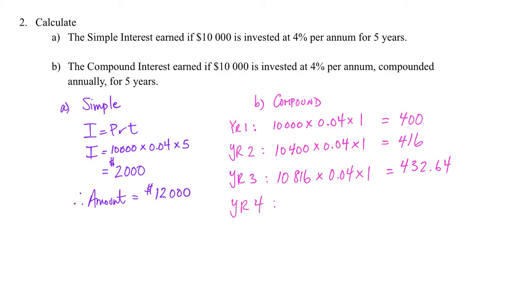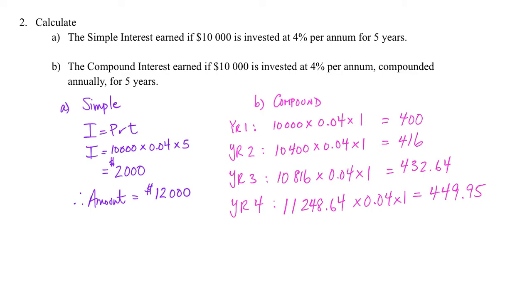I can now figure out my year 4 starting balance. That's going to get me to $11,248.64. And that's going to earn interest. And so when we multiply that by 0.04, I'm going to earn $449.95.